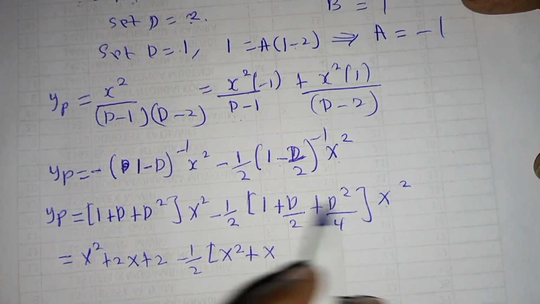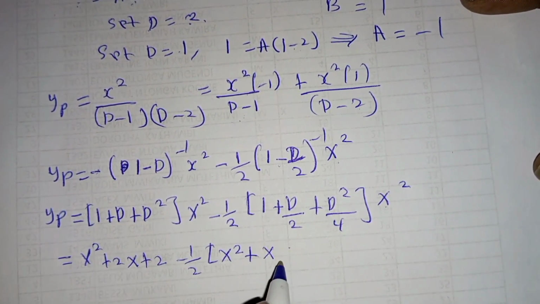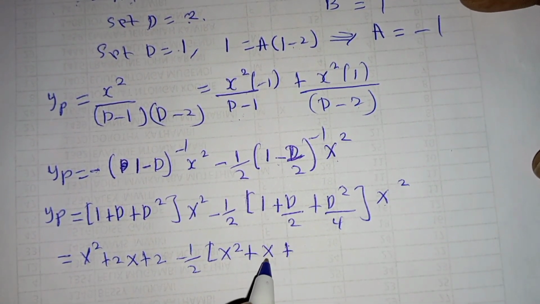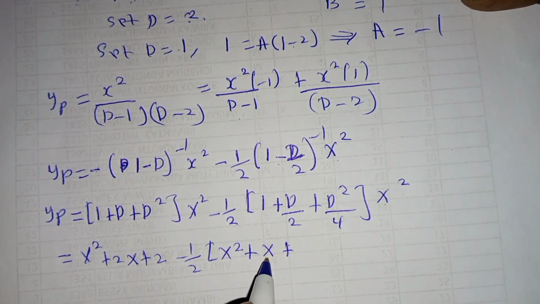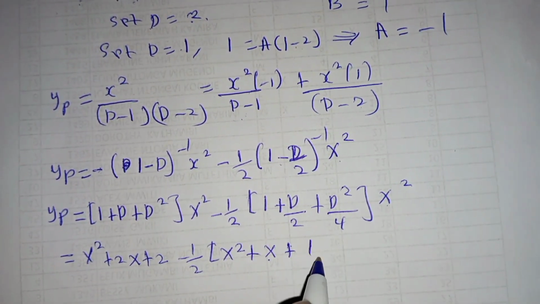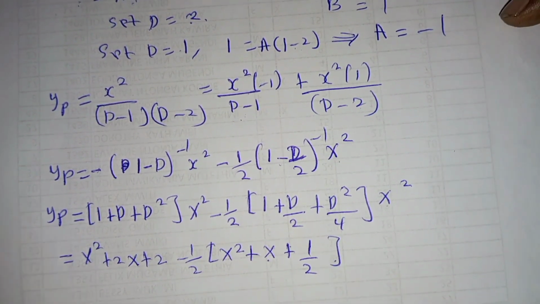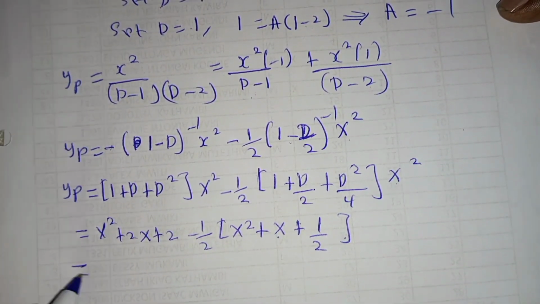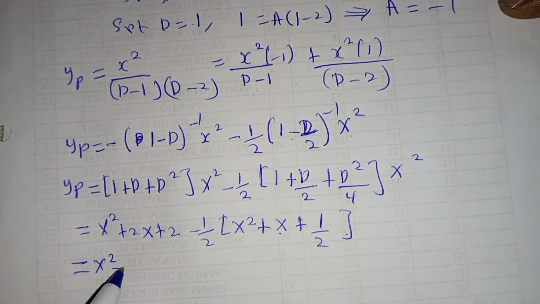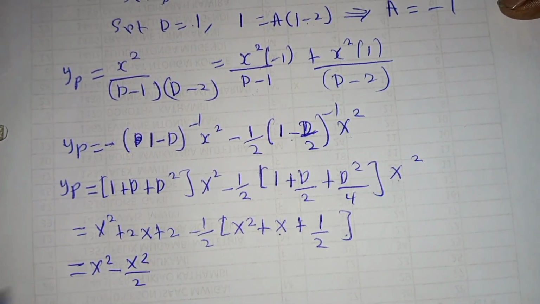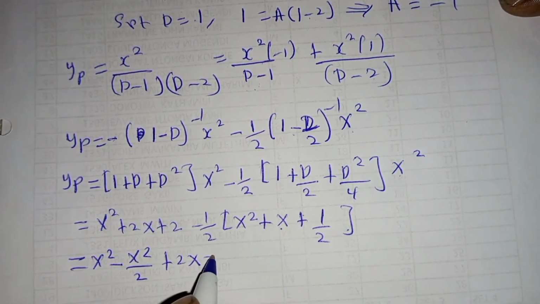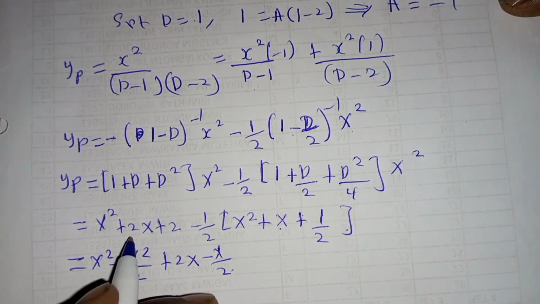When we differentiate this, we will get 2x divided by 2, so that we will reduce, plus when you differentiate the x twice, you are going to get 1 over 2. So you can simplify this, which is equal to x squared minus x squared over 2. Then you have plus 2x minus x over 2.